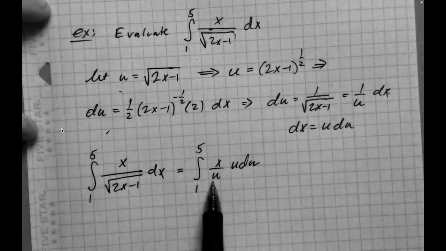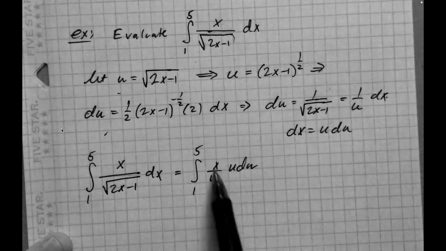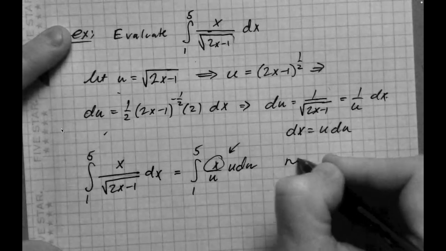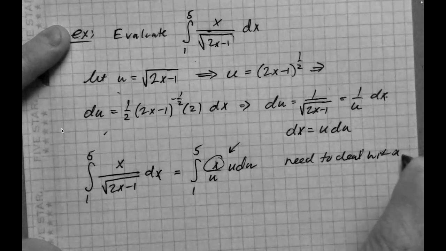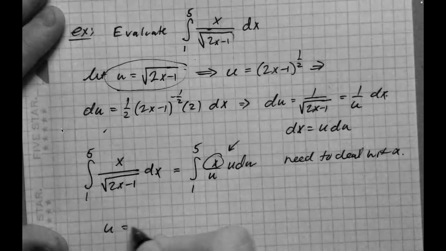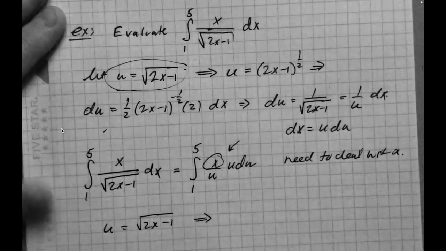All right, so I've got those pieces. So what I'm missing is this x. I need to deal with this. So what I can do is come back up here. If u is equal to the square root of 2x minus 1, then I can square both sides, right?